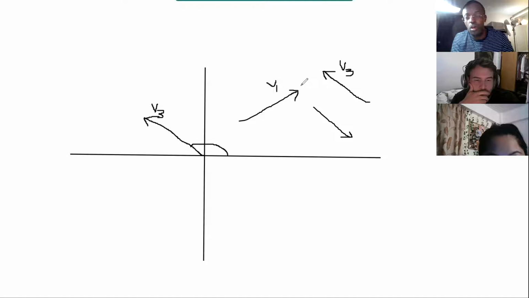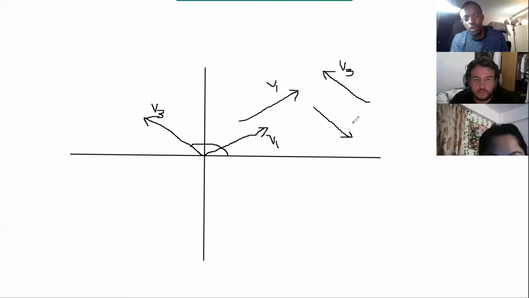It looks like this: same length as V1 and parallel to V1. So this is also V1, and you see that its arrowhead is indeed in the first quadrant.